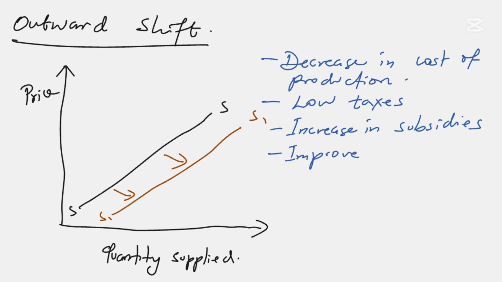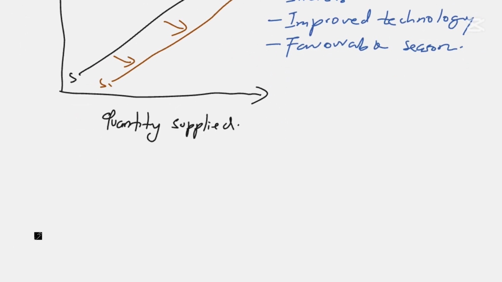You can imagine a case whereby we have improved technology or innovation. It can cause an outward shift. Sometimes we talk about favorable seasons or weather conditions, they'll cause an outward shift. And here we can also talk about products which require very short time to manufacture. They can be increased within a short time, so will cause an outward shift.